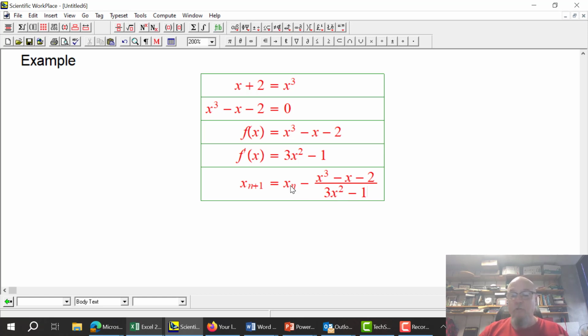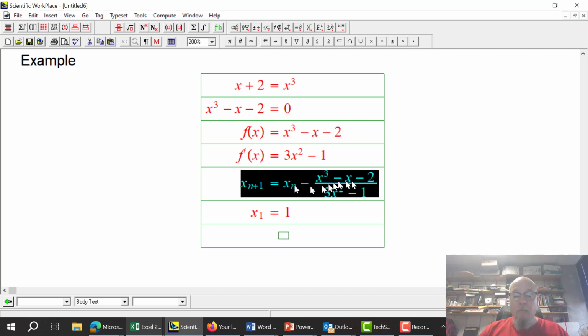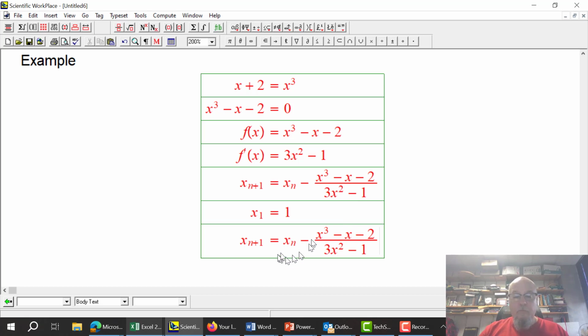When I plug in, I need to choose a starting value. I'm going to choose 1. So I'm going to make all these x's equal to 1, and that's going to give me my next value. So I'm choosing x subscript 1 is equal to 1. That means the second value is, I need to make all of these values 1.